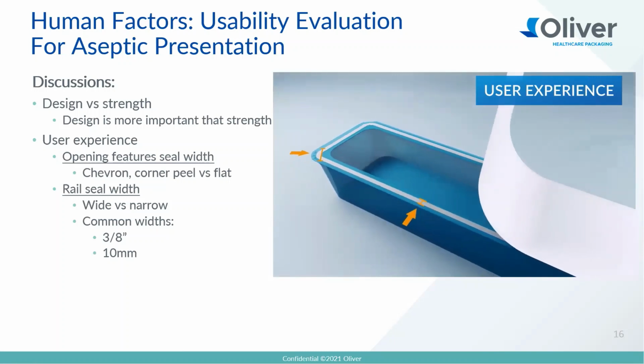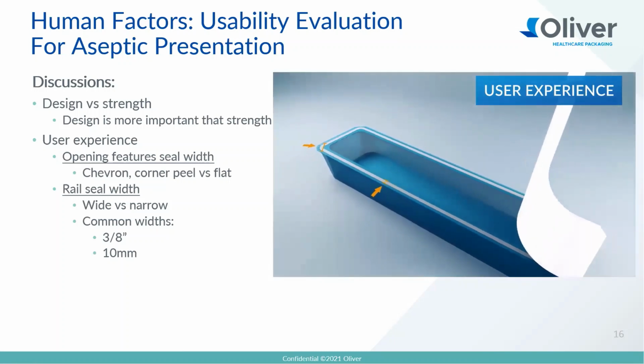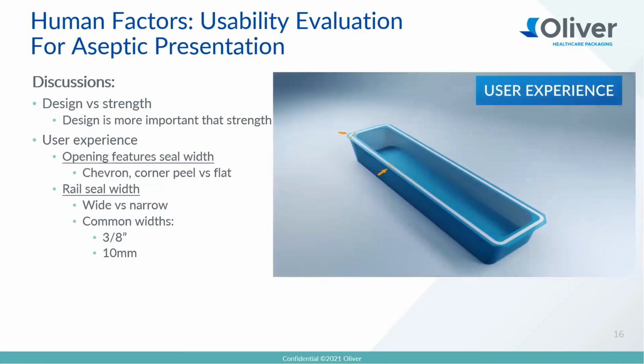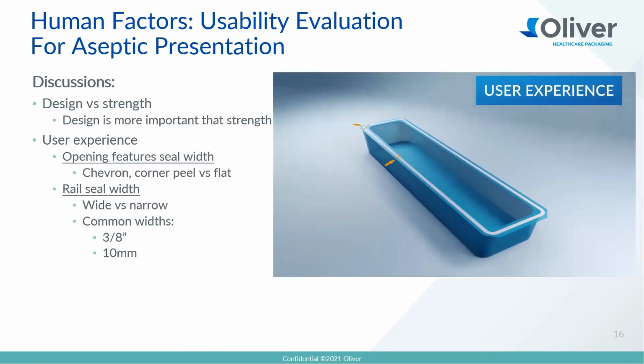So we know that in ASTM F88 and just in physics, that the width is proportional to the force required to open a package. So therefore, when you're using a chevron or corner peel versus maybe the flat end opening feature, you can see that there's a much narrower width area, and therefore much less force to open the package.